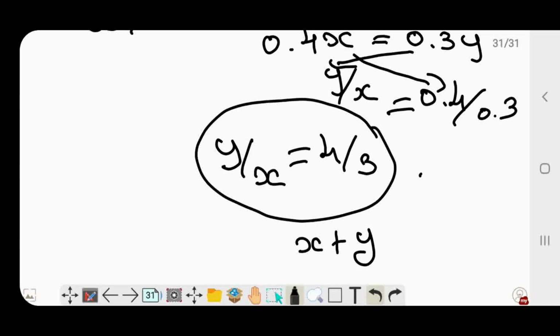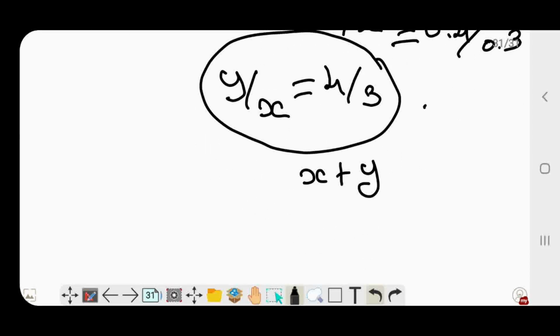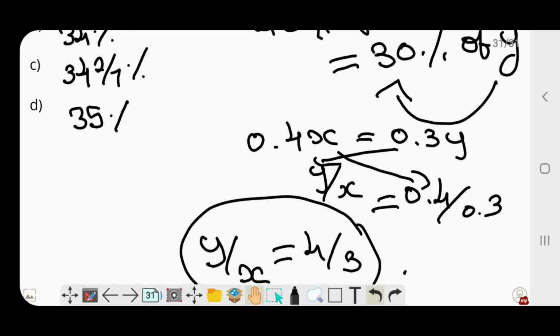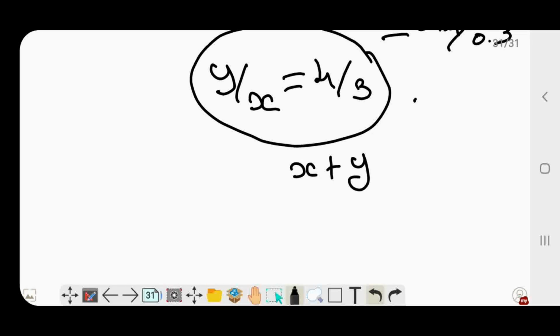And what is the total married population? Which we have seen earlier, it is 0.4x plus 0.3y. So what is the total percentage of the adult population which is married?